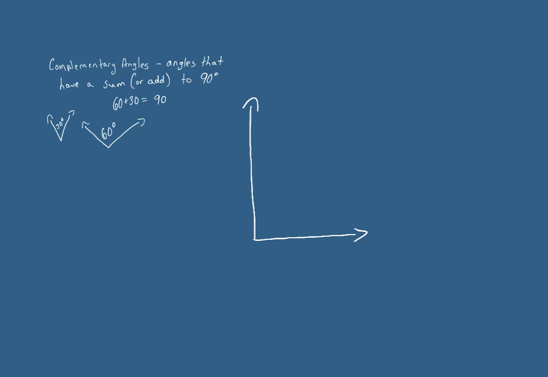Okay, and that little box that I just drew right there tells us that it's a right angle. Now let's say that we had an angle coming out of that, like that. And so we had angle 1 here and angle 2 here, but we didn't know what the measures of 1 and 2 are. That's just their name. Because of the fact that they are located inside of a right angle, signified by this red half square, we know that in fact 1 and 2 are complementary.